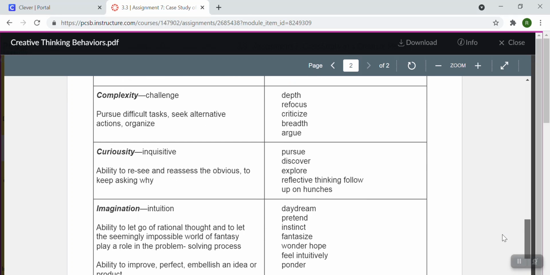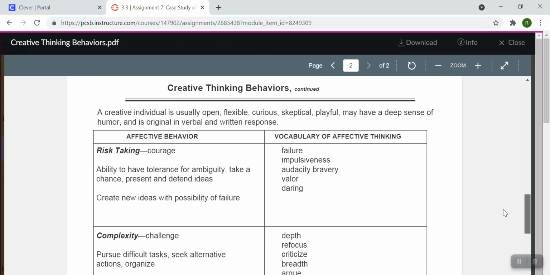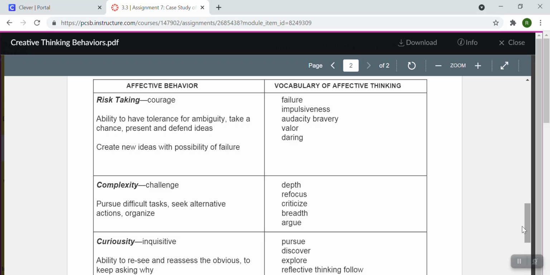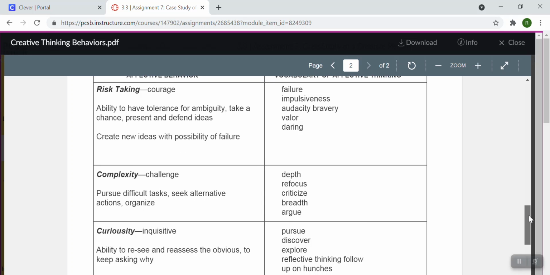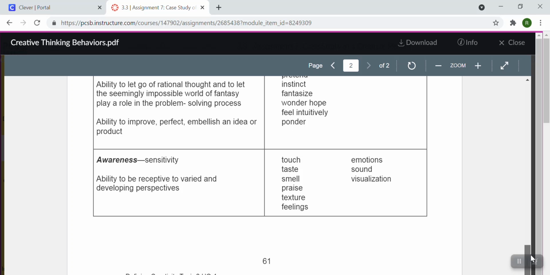And then outside the 4 components that are on the first page, these are additional behaviors, but these are effective behaviors. So things that we might talk about in our social emotional curriculum, or things that look a little bit different that are a part of projects, like risk-taking, complexity, curiosity, imagination, awareness.